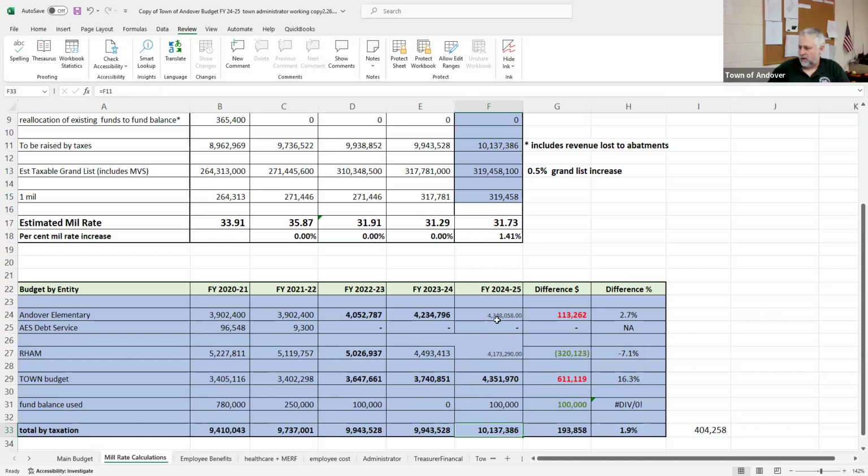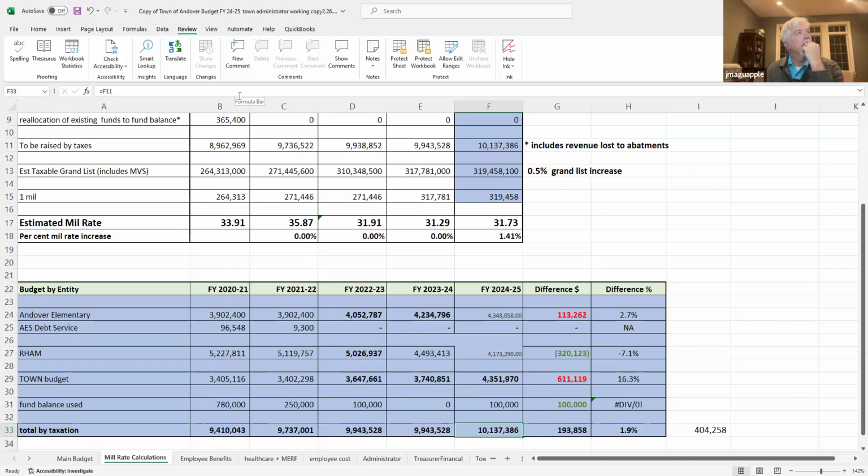So that number comes from F11. There's more estimated revenue coming through this year, and that's why there's a difference. Okay. Oh, you know what? Part of that is $140,000 in interest we're getting now compared to last year. That's a chunk of it.